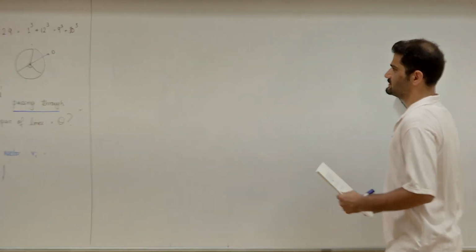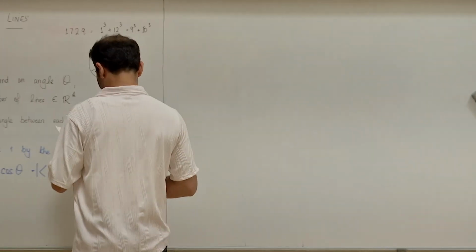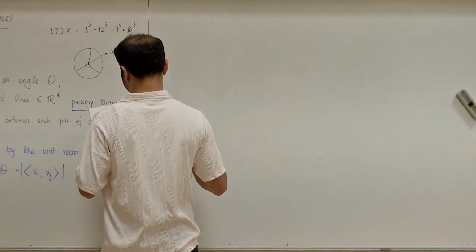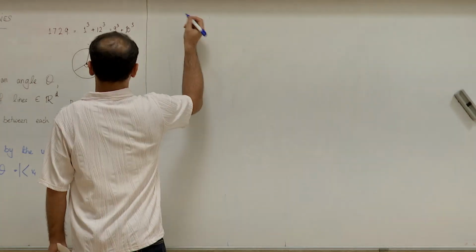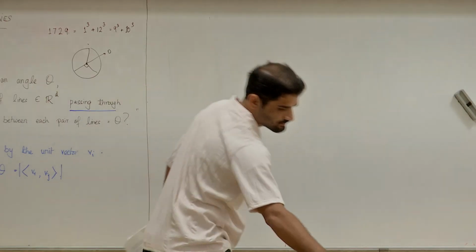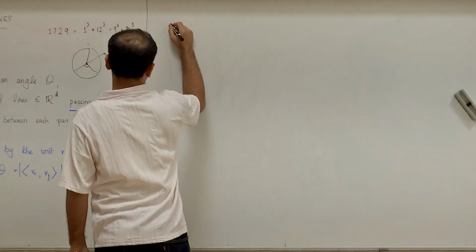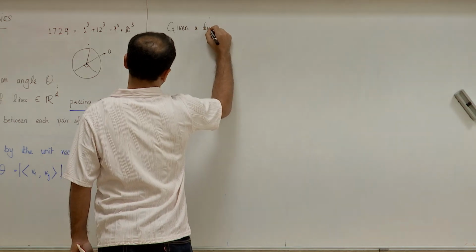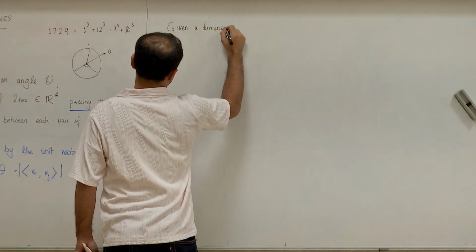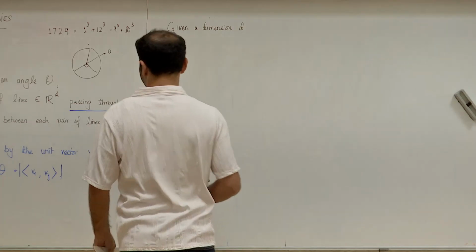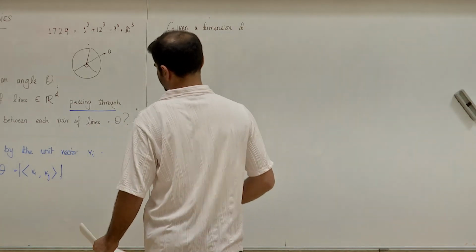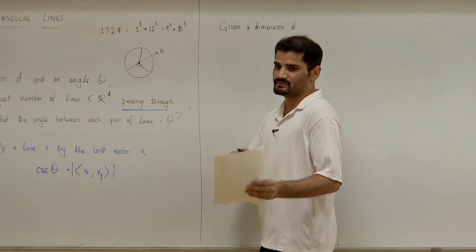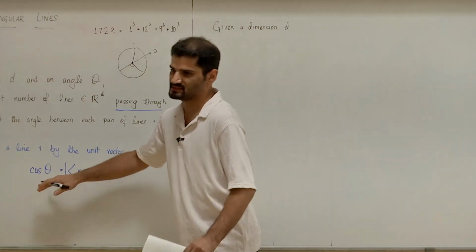So the question is, given a dimension D, we want, since the angles are between 0 and 90, theta and cos theta are in a bijection.